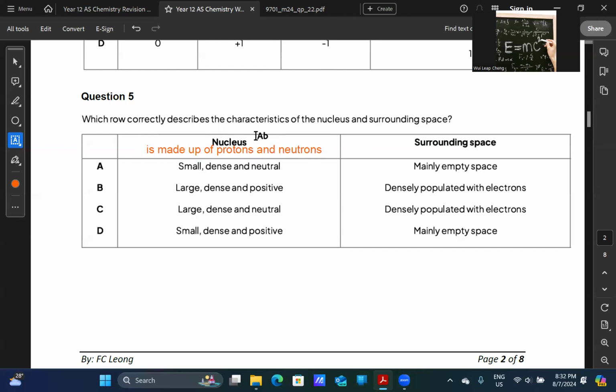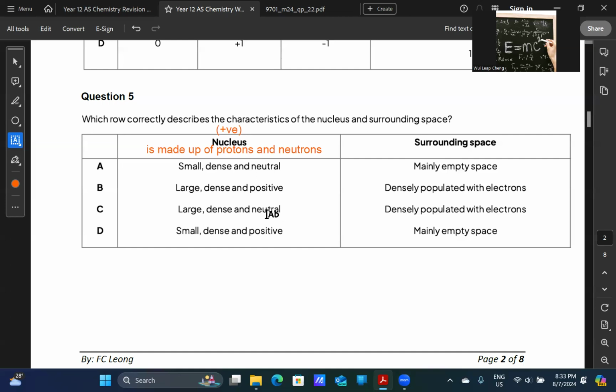Between proton and neutron, only proton carries positive charge. So what is the overall charge of nucleus? Definitely it is also positive because neutron carries no charge, proton carries positive charge. So the overall charge of nucleus is positive. So cannot be neutral. Answer A and C are wrong.